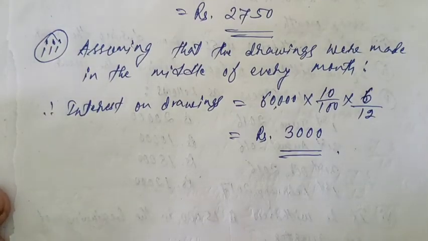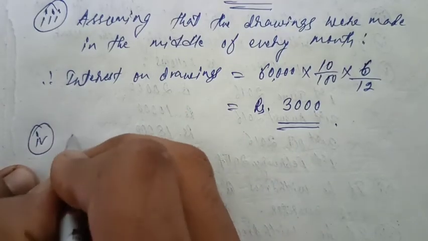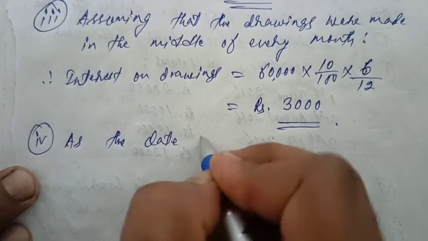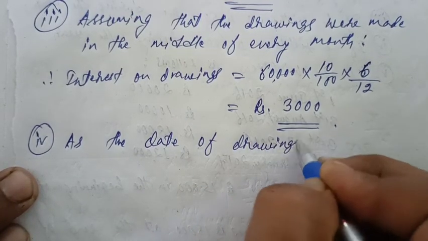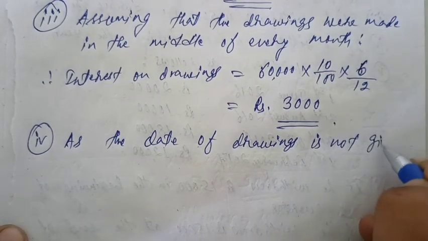Point number 3 is done. Again we'll calculate point number 4. It is given if you withdraw 60,000 during the year. As the date is not mentioned, we'll calculate interest on drawing for an average period of 6 months.